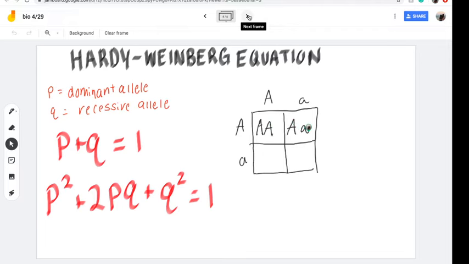If you look at this cross, we can see that there are two of the homozygous dominant, actually, there are two of the heterozygous alleles, and then there is one of the homozygous recessive. So q² equals the homozygous recessive.